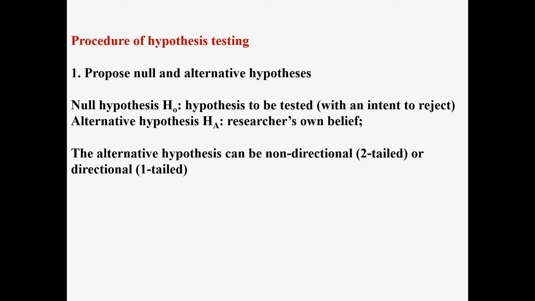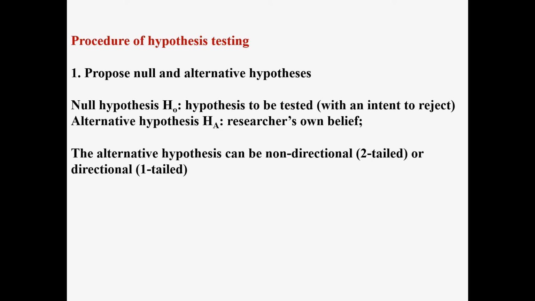To prove his own belief, the researcher would set up a null hypothesis which states that there's no relationship between temperature and precipitation. So if the researcher can reject this null hypothesis, his own belief will be in favor, will be somewhat proved. So often we use this logic to conduct hypothesis testing.